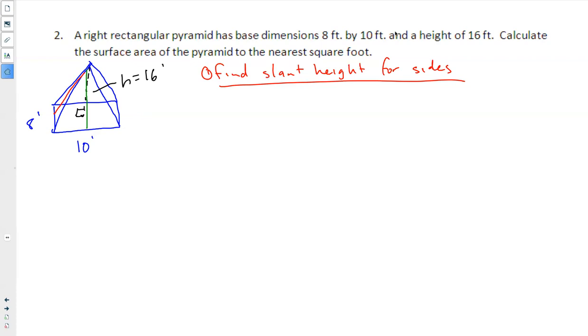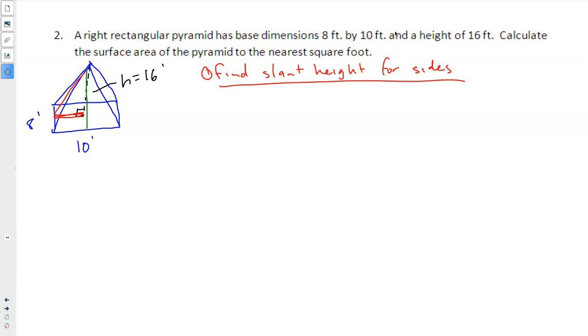So anyways, I'm finding the slant height for the sides, okay? So we need to look at the triangle that is going to be formed here, okay? So halfway from where the height comes out of the base to the apex, that is the center point, right?